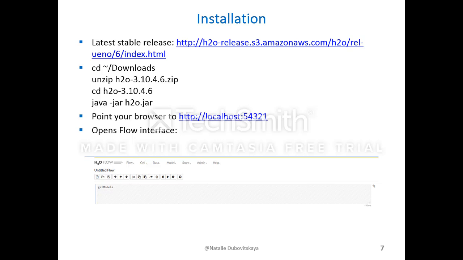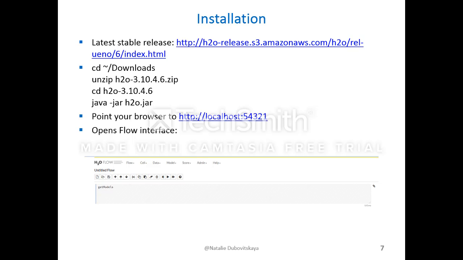Of course, before we use anything, we need to install it. So the installation of H2O.ai, and like I said, I just installed it on my laptop, which is a Windows 7 operating system laptop. Installation is very simple.